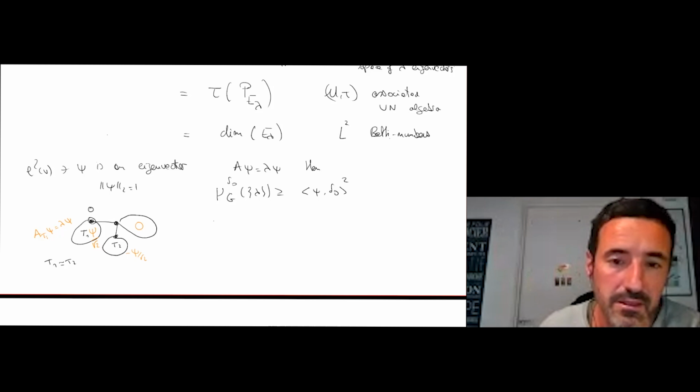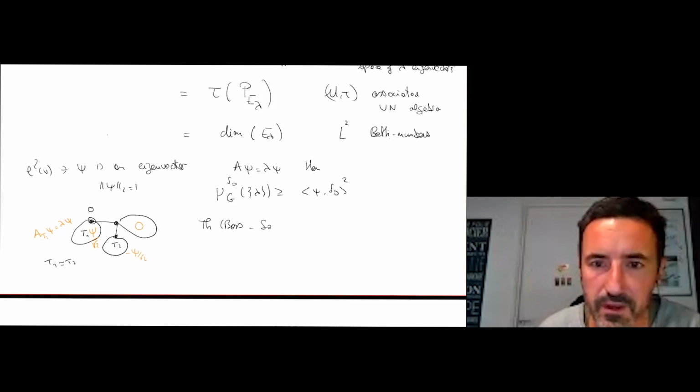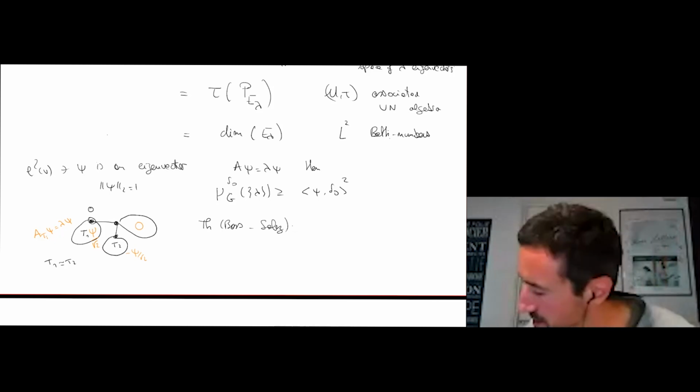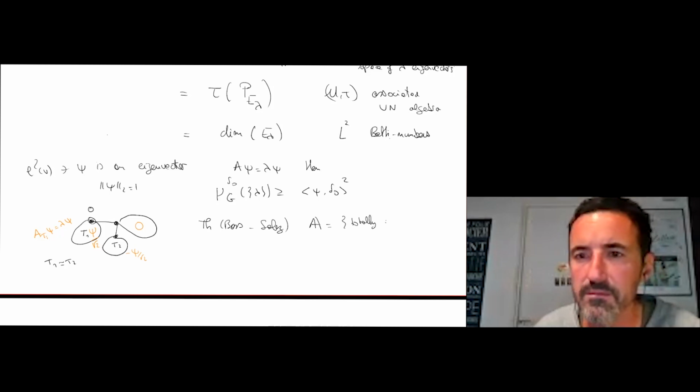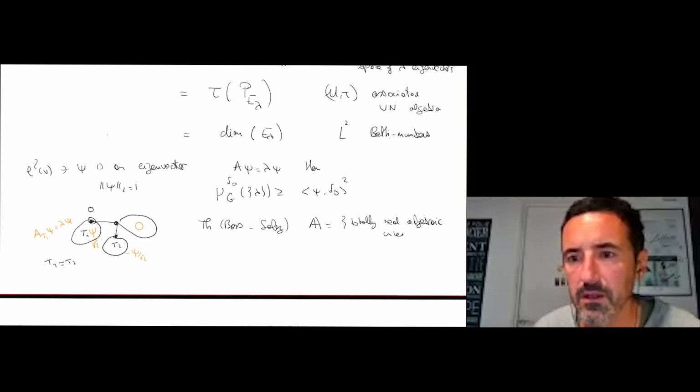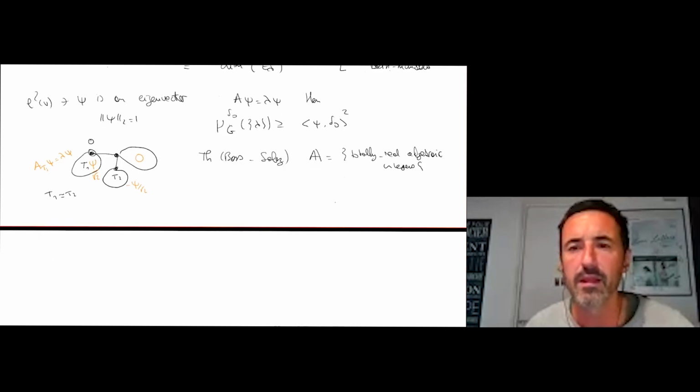It's very bad, because there is this classical theorem by Bass, which has been refined recently by Justin Salez, which says the following. Let A be the set of totally real algebraic integers, which we already saw, which are the possible eigenvalues of integer-valued symmetric matrices.